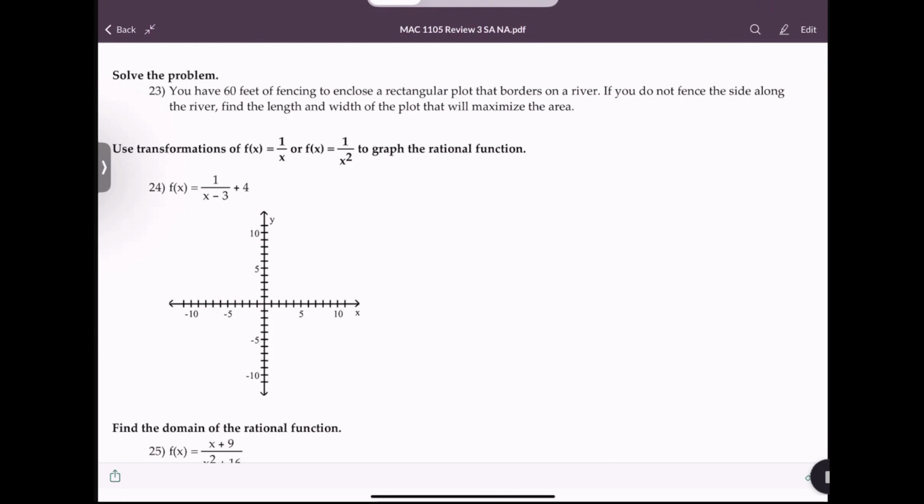Are you guys helping? I'm lost how you put it into the A equals. Okay, so this is what you guys got here, right? So this is going to be 60 equals 2L plus W. The area equals length times width, right? So here I can get W by itself.